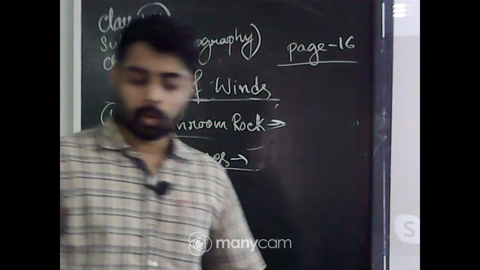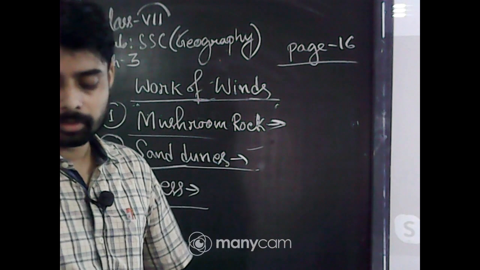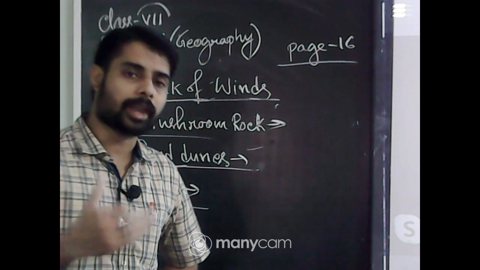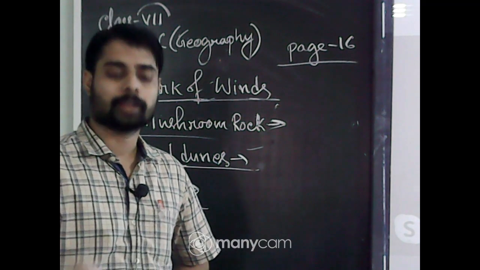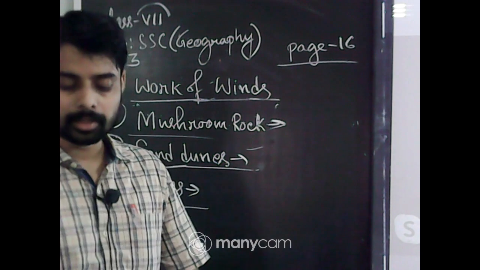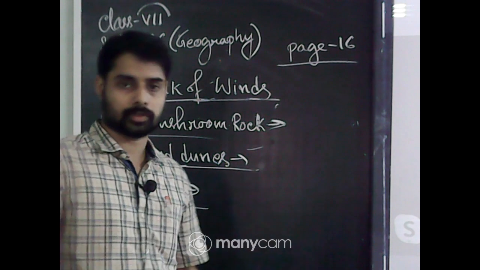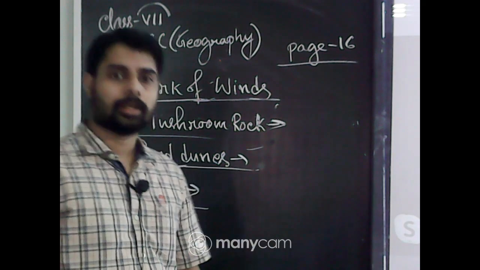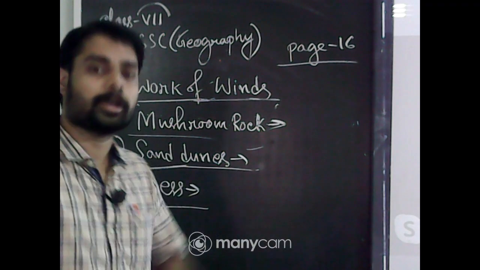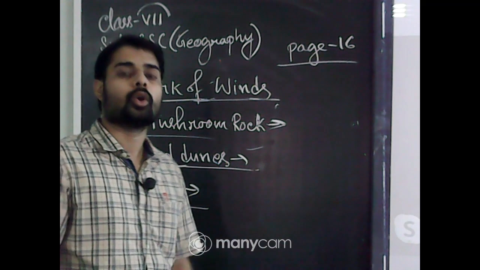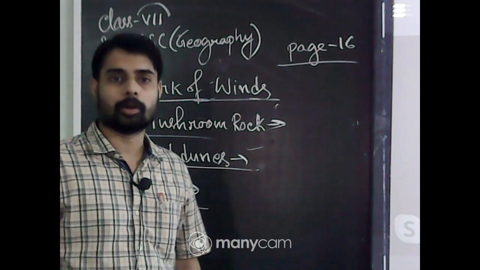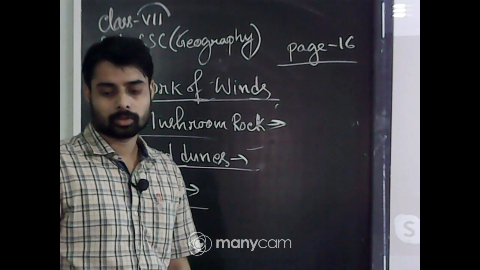When the grains of sand are very fine and light weighted, they travel a long distance with the wind and are deposited in another place. Over a huge area, they deposit all the small particles of sand and form another type of plains or landform.